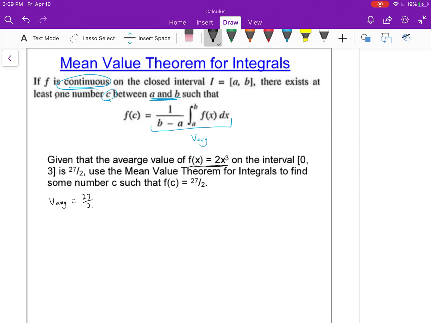Well, let's take our function. So it's saying this function somewhere has to equal 27 halves. So let's find that value. So we will multiply both sides by 1/2.